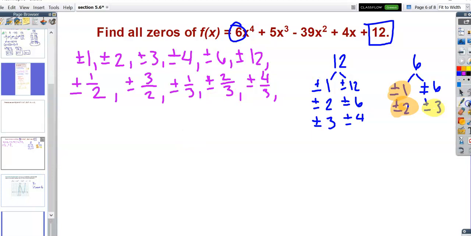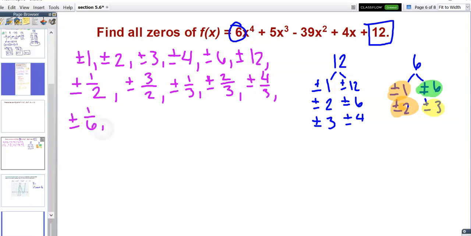So the last fraction we would have to write is everything over the number 6. So 1 over 6. 2 over 6 is 1/3, and that's already on there. 3 over 6 is 1/2, already on there. 4 over 6 is 2/3, already on there. 6 over 6 is 1, and 12 over 6 is 2. So this concludes our list.